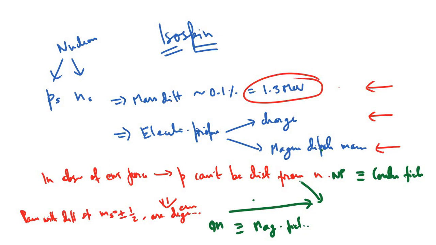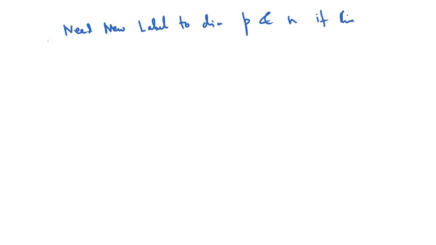Now, if the protons and neutrons are considered as identical particles, then we need a new label to distinguish between them. Okay, so we need a new label to distinguish proton and neutron if they are identical, right?